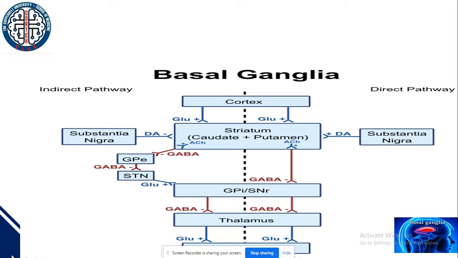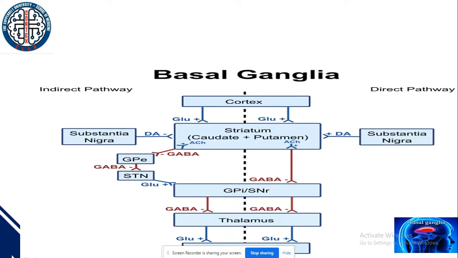Then on the other side, on the left hand side, where we have DA negative, dopamine is going to act on the inhibitory receptors, which are called D2 receptors. These two receptors are very important for us to understand the two pathways.